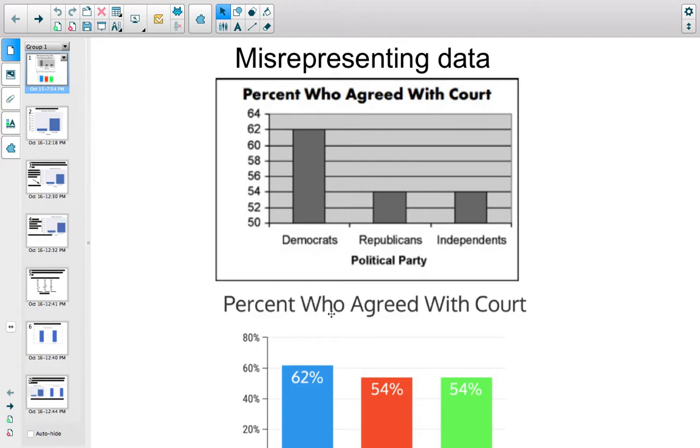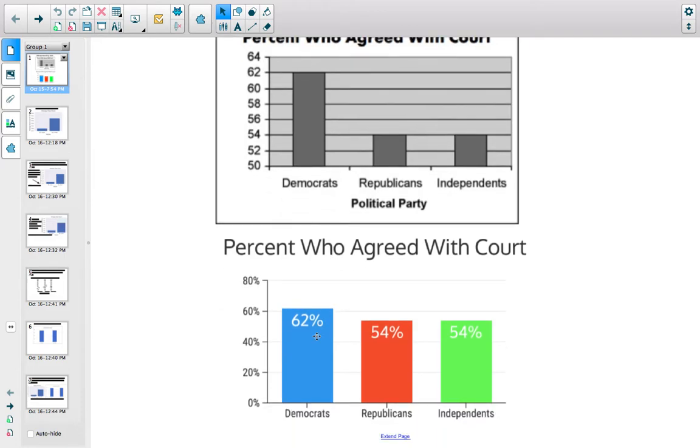And if we made this graph accurate, if we made this graph more representative of the data, you would see a graph more like this, right? You would see that the difference in Democrats who agreed with the court and the percentage of Republicans who agreed with the court is very small. And so you can change the parts of the graph to suit a certain narrative, to make your agenda met, right?